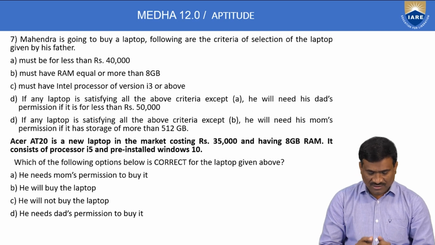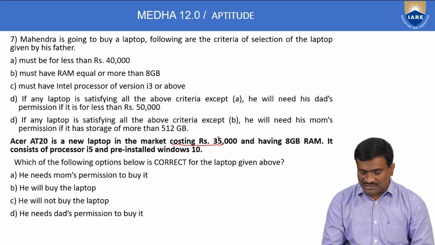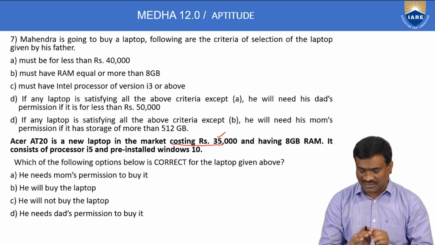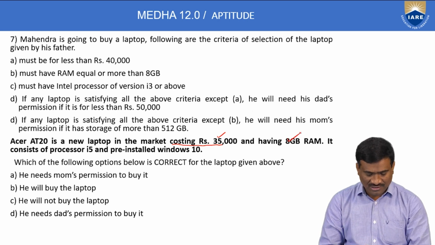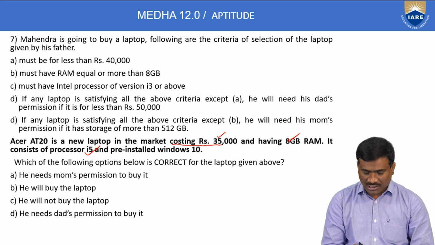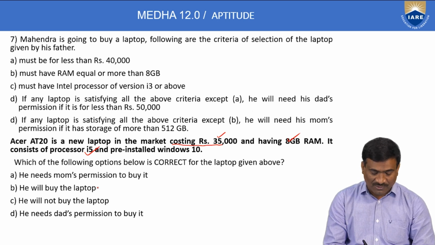Next, the first condition: the cost of 35,000 is satisfied because it is less than 40,000. Storage of 8 GB is also satisfied. Intel processor i3 or above, and given i5, is also satisfied. A pre-installed Windows 10 is included.